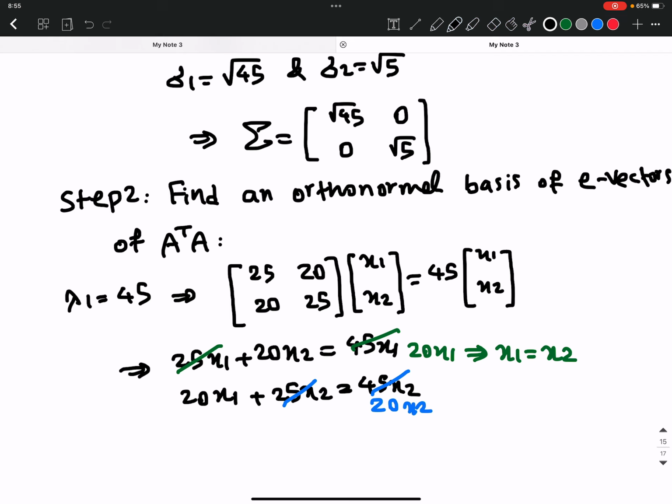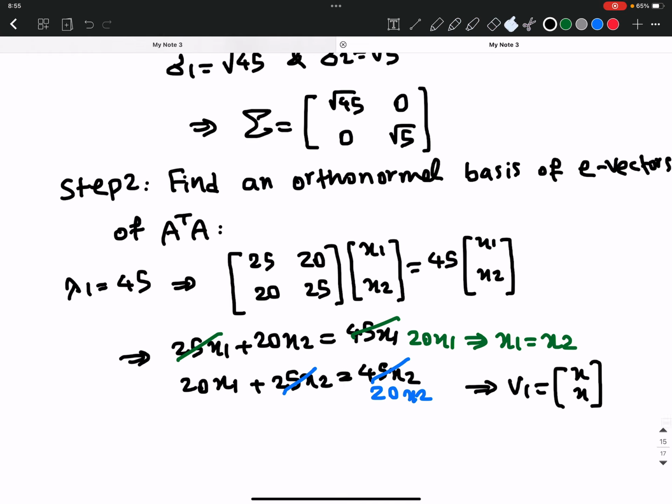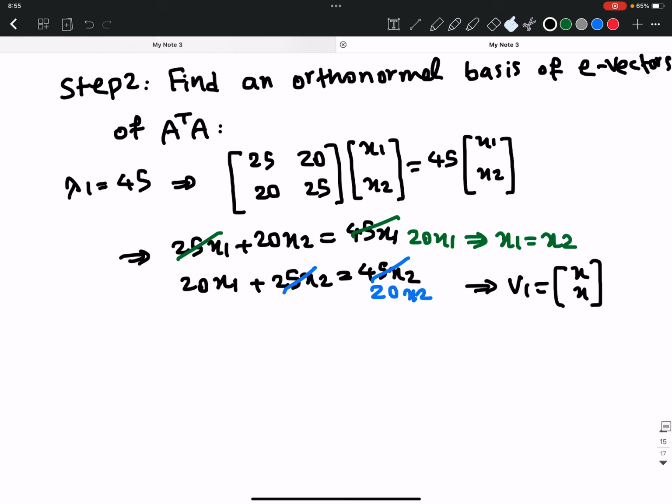So now my general first eigenvector is x and x, right? But I want an orthonormal basis, so I will make sure that it is orthonormal. Let's first find the second one, then we can choose which values of x we need to use.